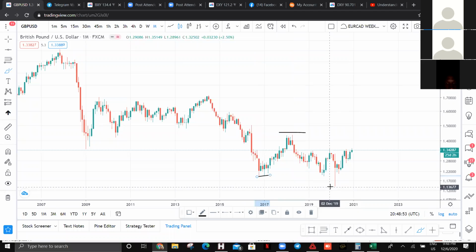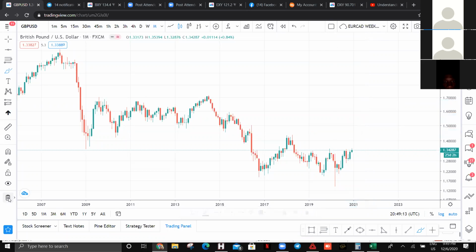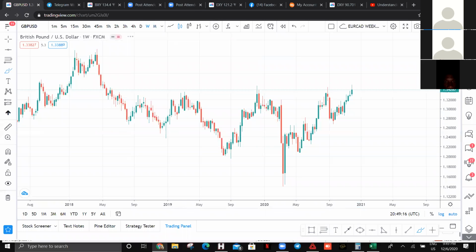This low broke it. You can see the rejection here, it broke it. Now, the last high was this one. So until the market breaks out of it, then you can say, okay, yes, GBP USD is on a bullish run. But before that, we have to know if the lower time frame will show us what's going to happen for this pair.